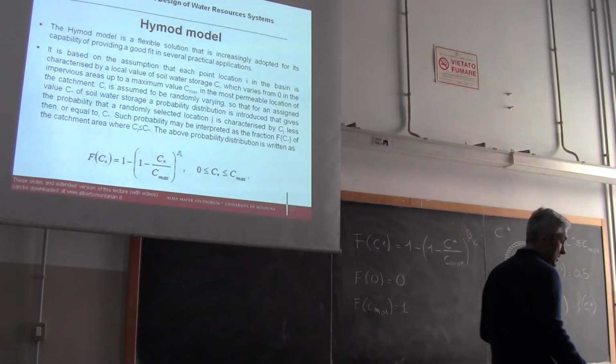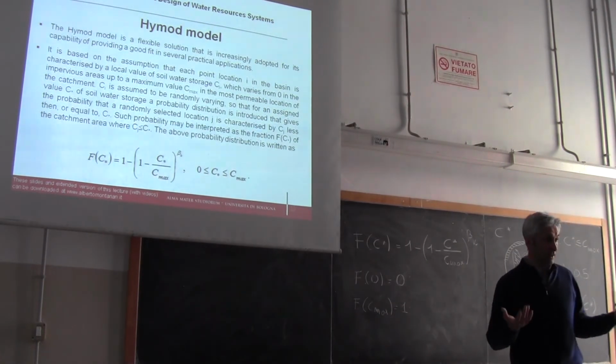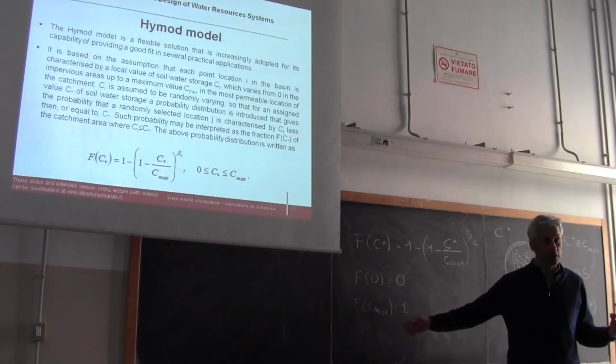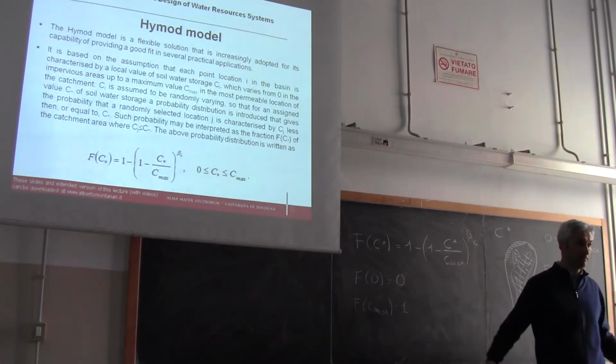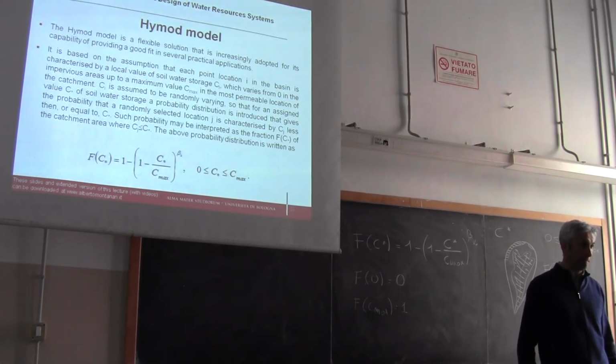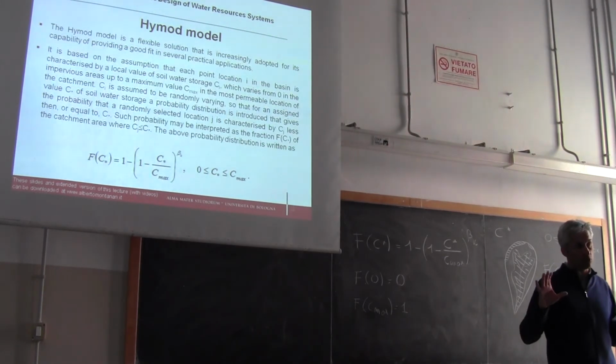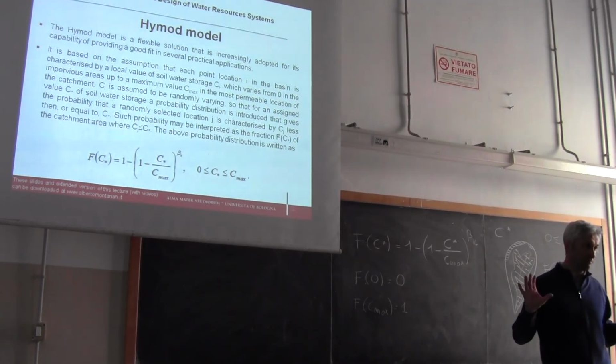Again, what is the percentage of the area of the catchment where storage is lower or equal than C max? Everywhere is lower or equal than C max, and therefore it's 1. So this function is varying from 0 to 1, which is fine.